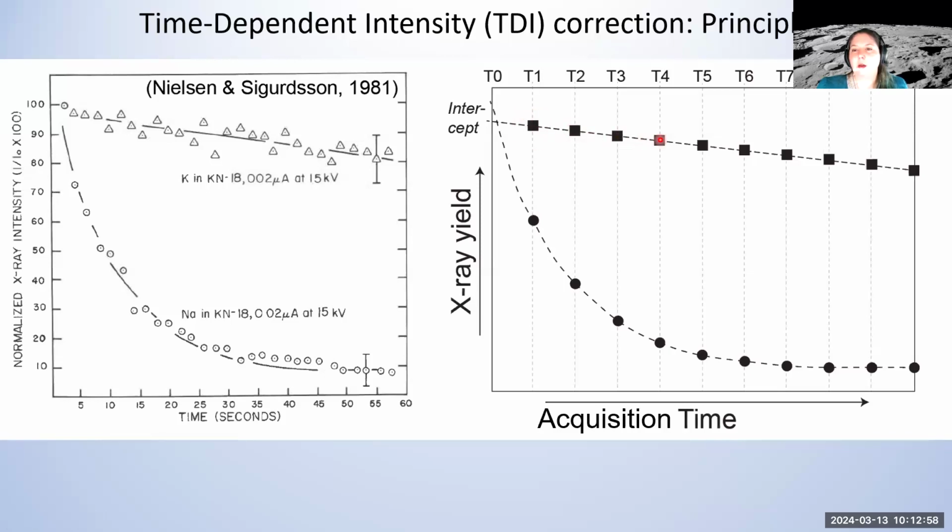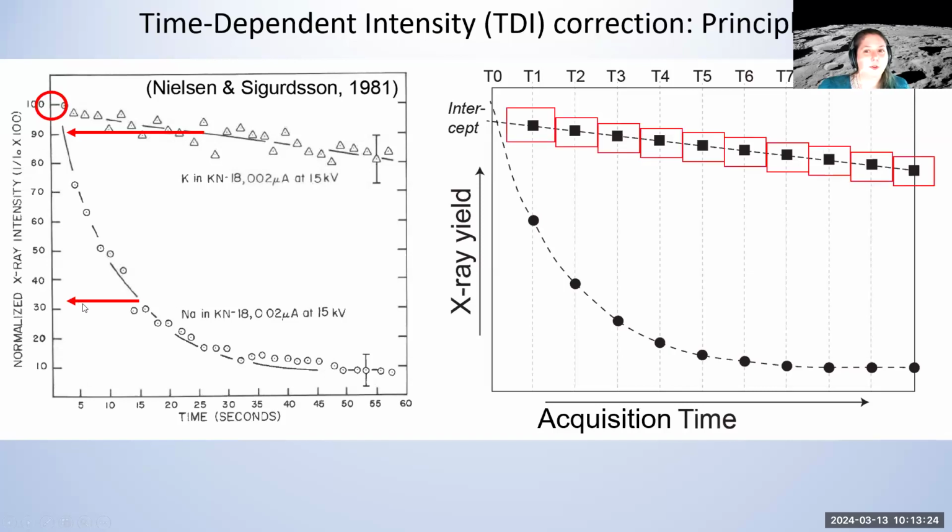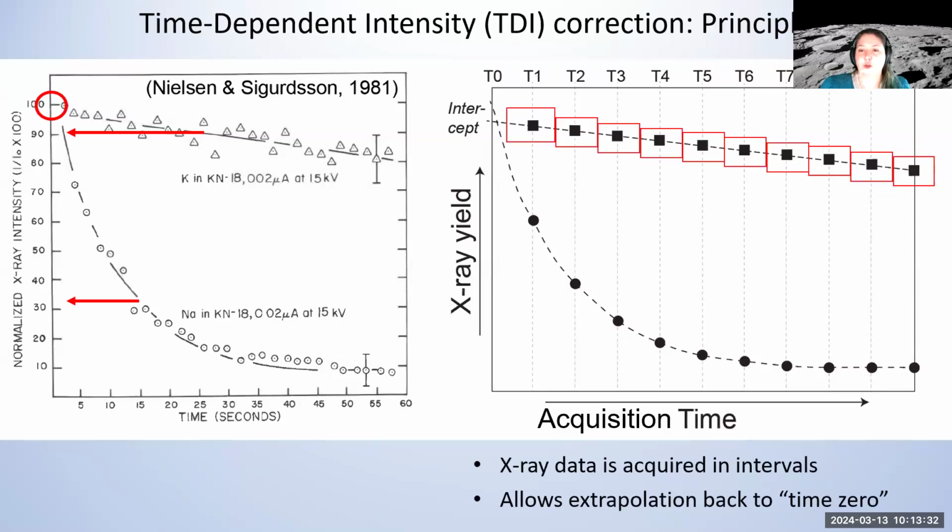By having these intervals, we can track and monitor and apply corrections, so that we can determine the intercept value at time zero and use that to quantify our data. Again, if we just integrate over it, we would get very different values, specifically for very beam sensitive samples. But by following the individual values, we can extrapolate back.